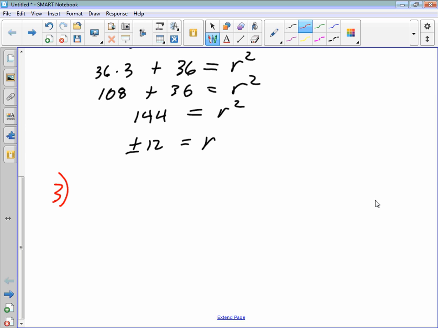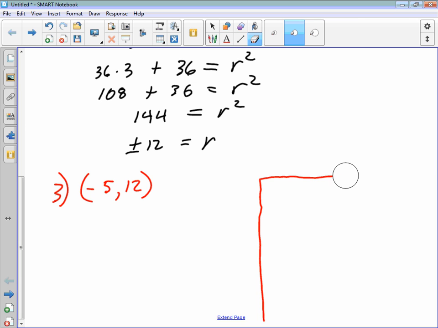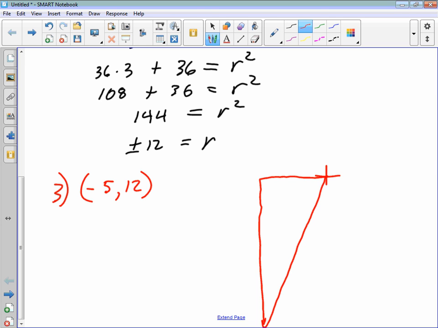Number 3. What would be a good one? How about (-5, 12)? So again, make a little sketch. I'm going to shorten this one up just a little bit. I already know the distance there. That's an easy one. The only difference here is we know that this is in quadrant 3.